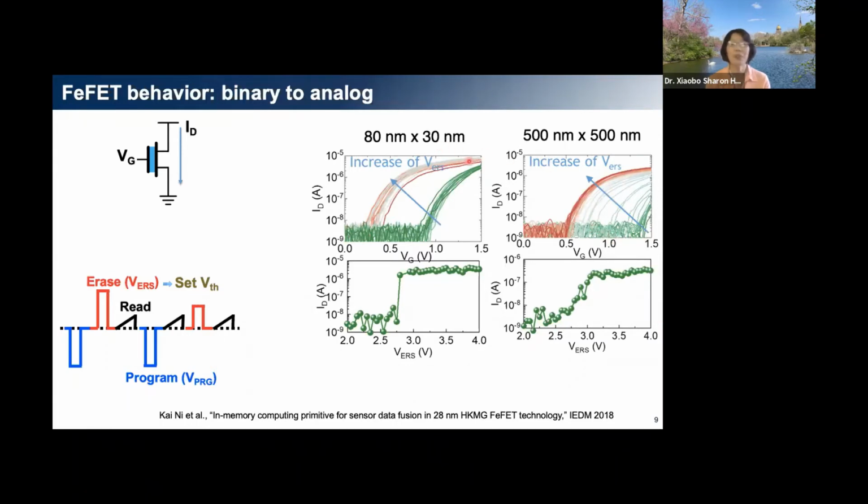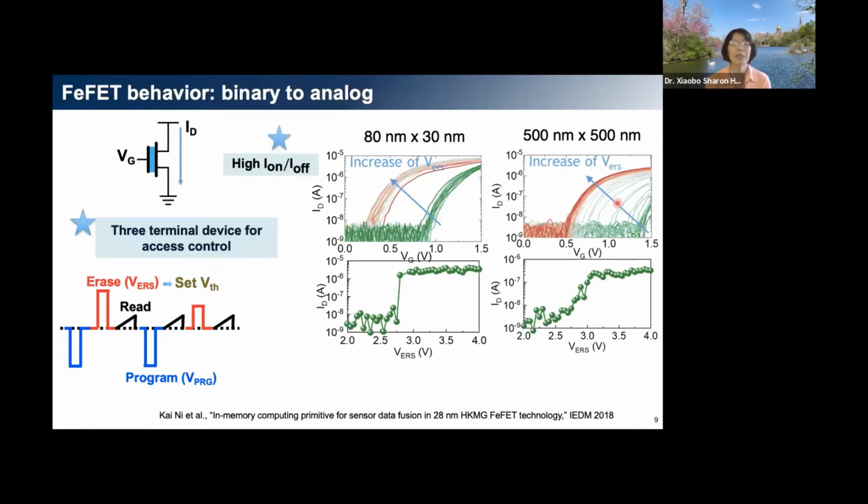If you are paying attention, you see that the two devices have different sizes. To get multiple states, you do need a bigger size, which I'll come back to later to tell what this all means at the circuit, architecture and application level.